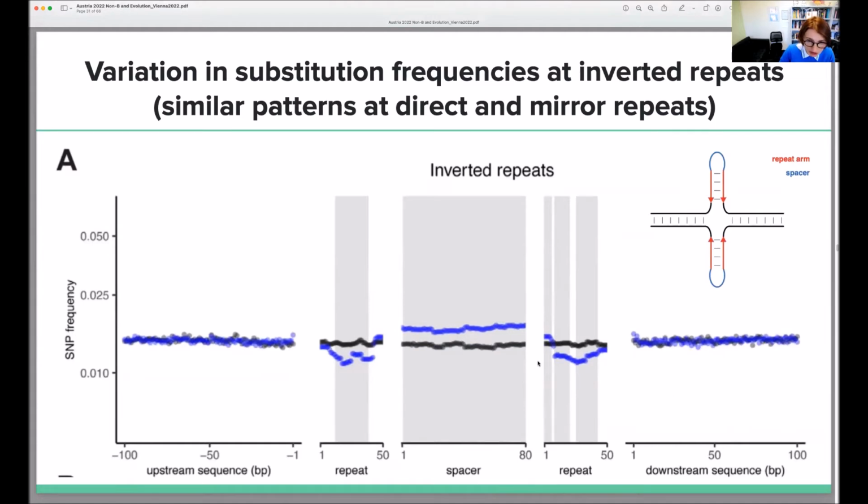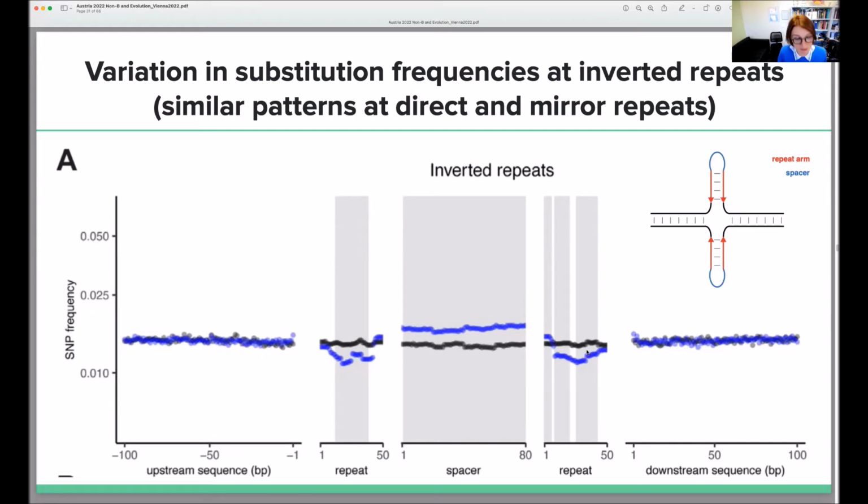So here in blue is what we are observing for the inverted repeats, and in black there is a control. So for inverted repeats, we are seeing elevated SNP frequency in spacers, but actually lower SNP density in repeats, suggesting that inverted repeats might be driving the elevated mutation rate.